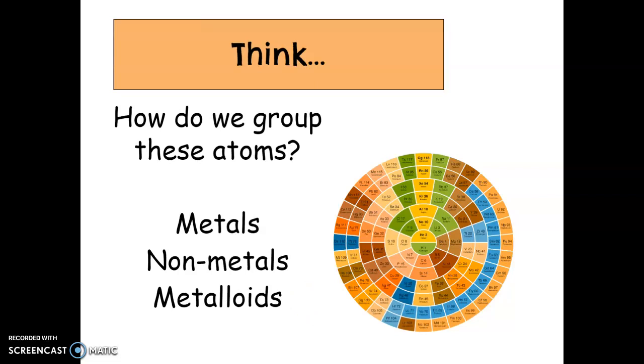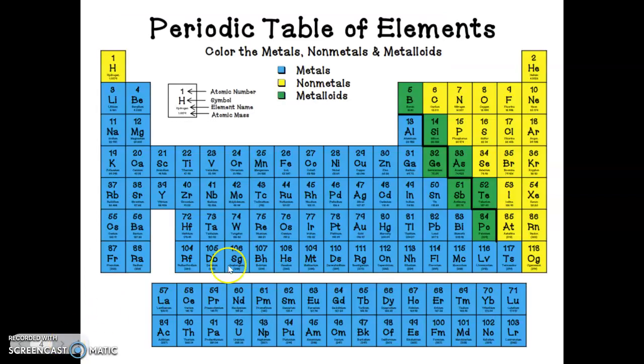But we have to group these elements so that we can easily identify them when we're taking a look at our periodic table. So how do we group them? Well, we group them based on association of where they are in the table. And this particular table is based on color. So it's color coded for you so you can tell where each of these elements are.